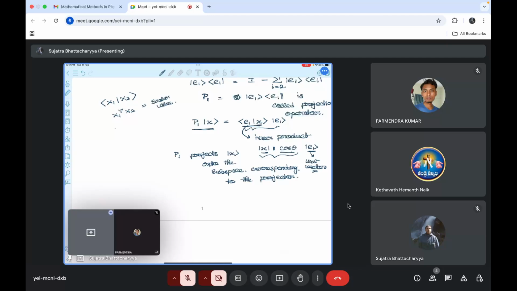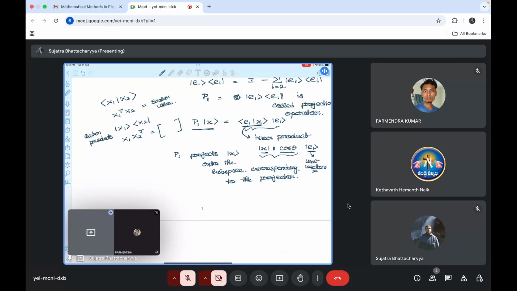But another thing is there, which we have just now written, like this. See, this is only the notation. What it actually means is x1, x2 transpose. This will not give you one value, but this will give you a whole matrix. Okay, so the last one is called the outer product. Outer product and cross product are different.